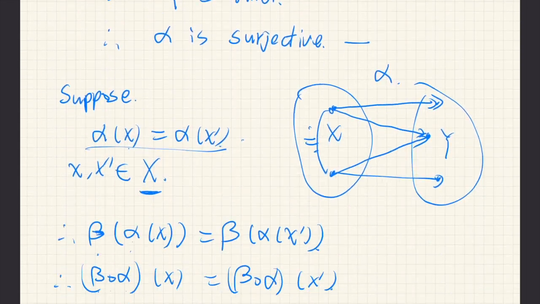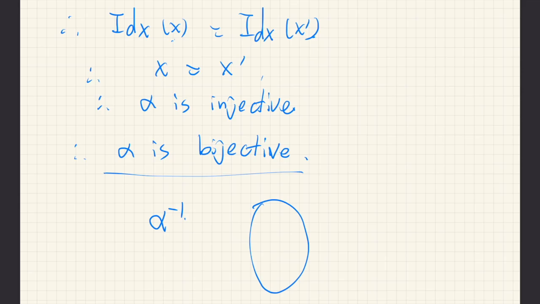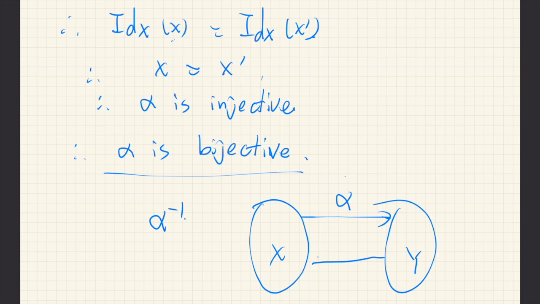And this inverse map for alpha is usually written as alpha inverse. So if we have a map that is bijective, then we have its inverse that is usually written as alpha inverse.